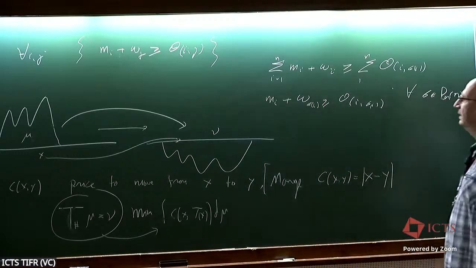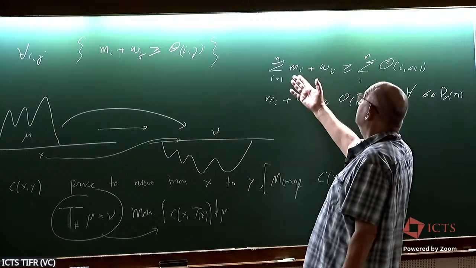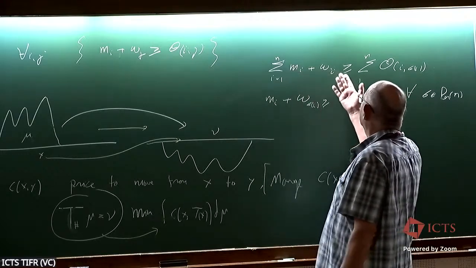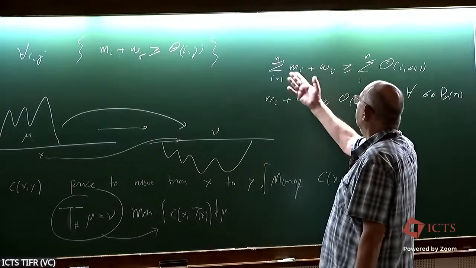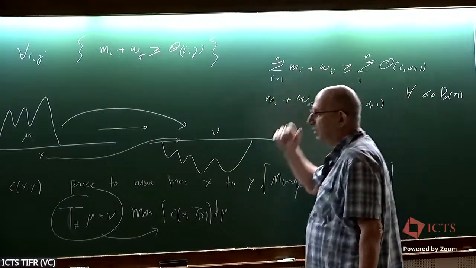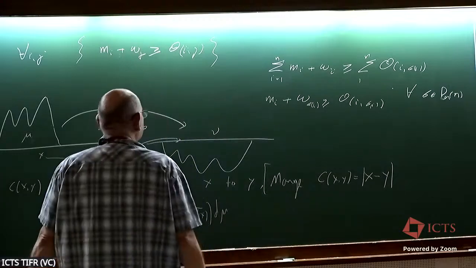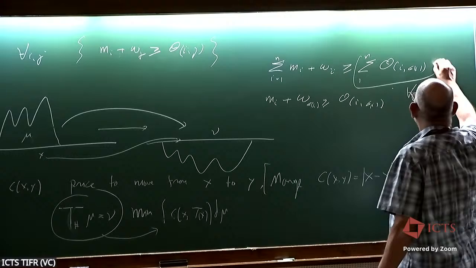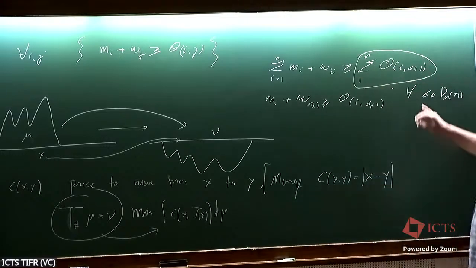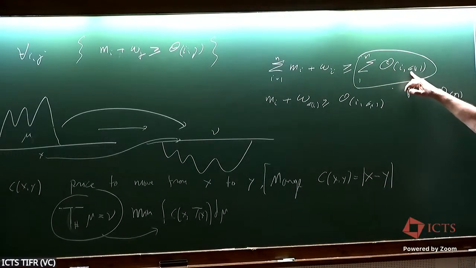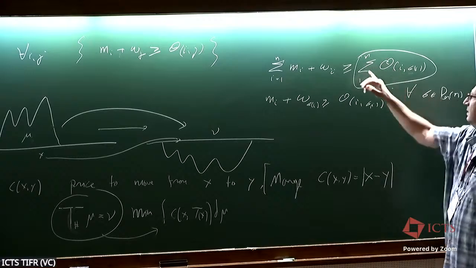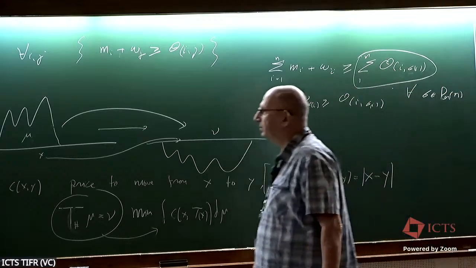And so the question is, can we find such a sharing Mi, Wj that we have equality? And once we have equality, this equality will also give us the stable matching by the permutation which maximizes this reward.